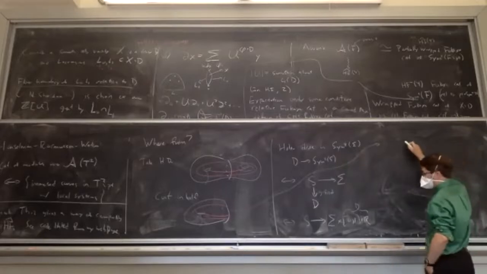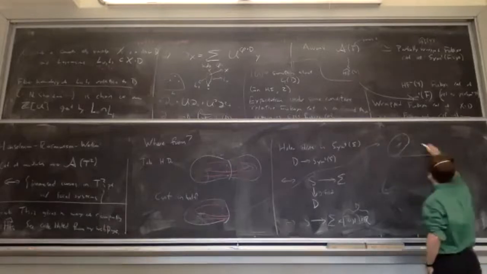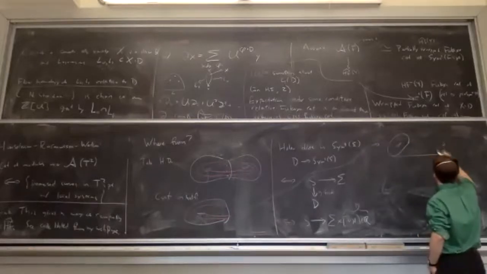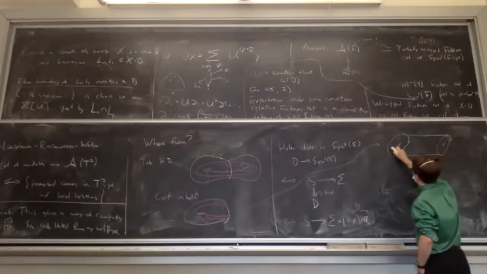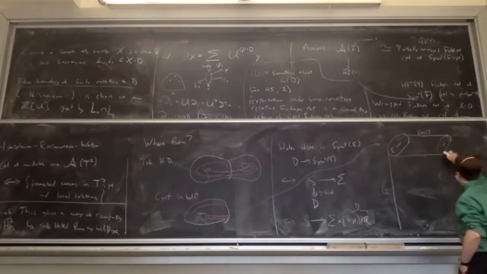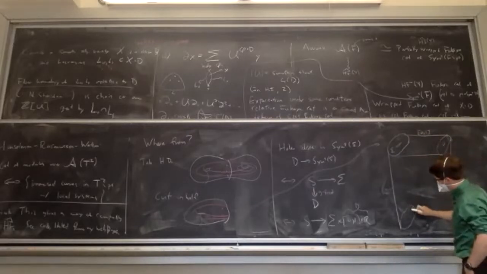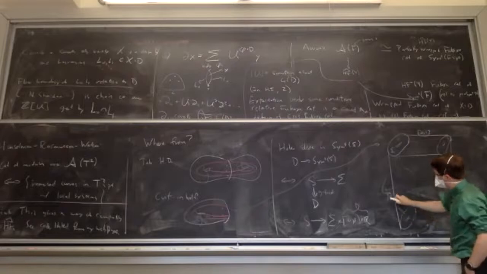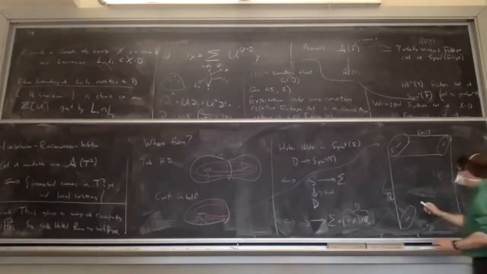So here was Sigma, here's [0,1], here's R. Here's Sigma cross [0,1] cross R.